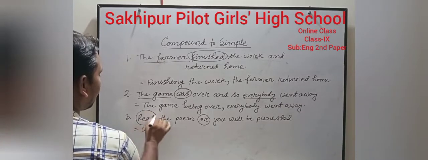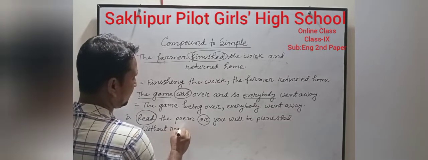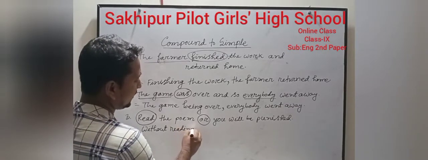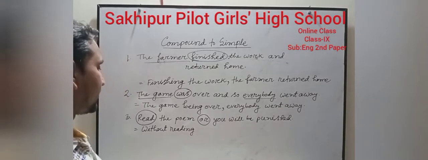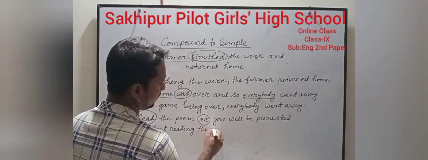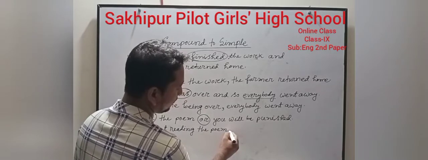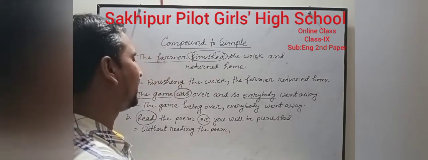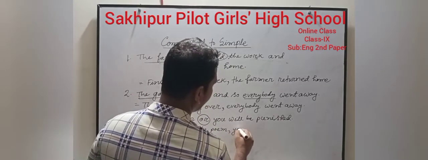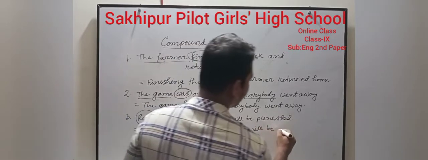Then you have to write the verb read, and with this verb you have to add ing. That means it will be changed into a gerund. The rest of the part of the clause, the poem, and you have to write a comma instead of or, and the second clause will not be changed: you will be punished.